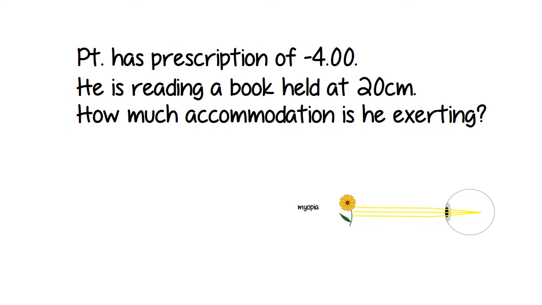This patient already has 4 diopters of converging power. So they need 5 to read a book held at 20 centimeters. They need a total of 5, but they already have 4. So common sense tells you they're only exerting 1 diopter in order to read this book at 20 centimeters.